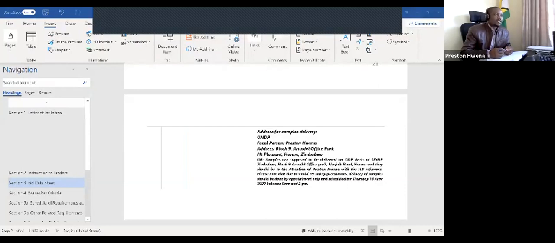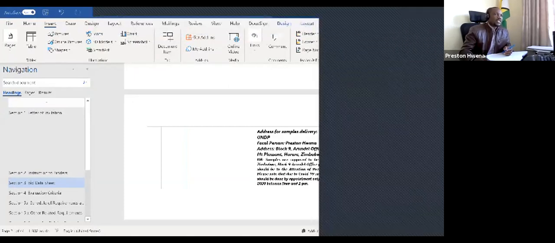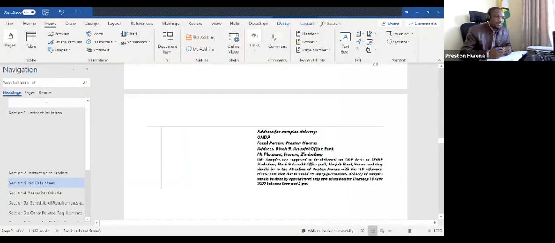So you have to write to me the name of the company, the name of the company representative, as well as the ID number for the person who will be delivering the samples, so that I will put that on my list of expected visitors for the day and seek security clearance. And this security clearance, I'm expecting to have done it by the 16th, which is on Tuesday, because samples will be delivered on the 18th.